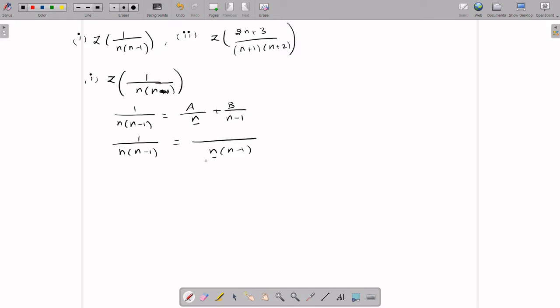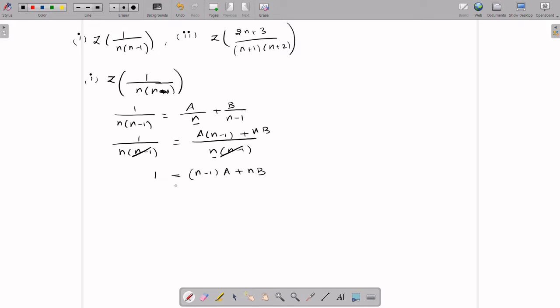Here n is present and n minus 1 is not there, so you multiply by n minus 1 into a. Here n is missing, so n into b, and these two terms get cancelled, so you have 1 is equal to n minus 1 into a plus n into b.